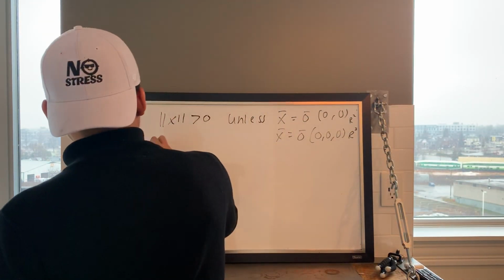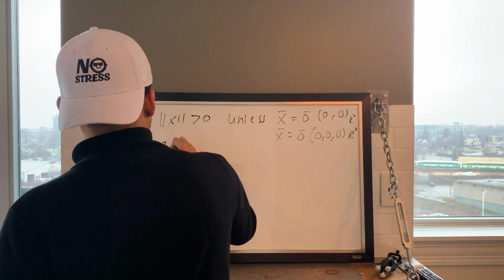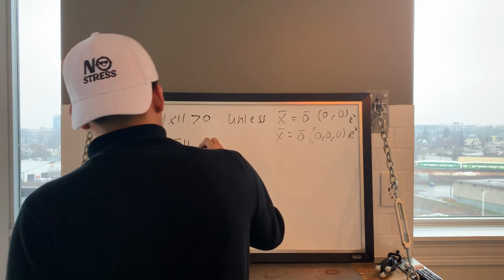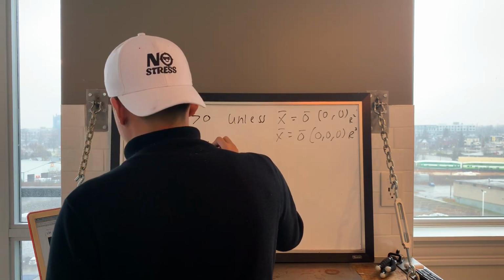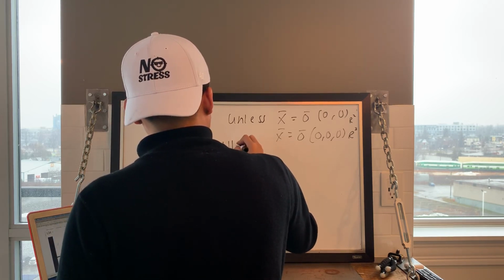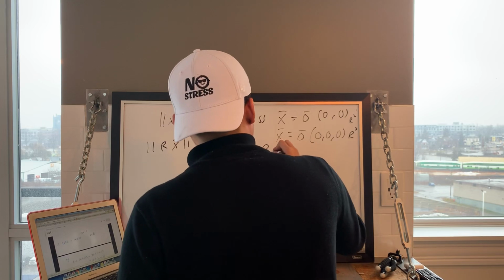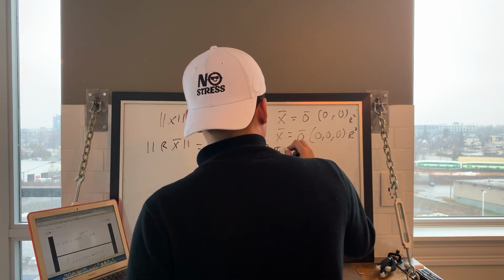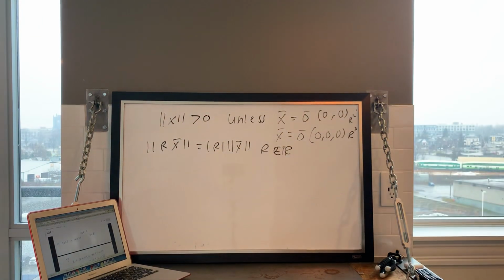So if you have a constant outside, right? What we can do is factor that constant out almost, where R is an element of the real numbers. So cool.